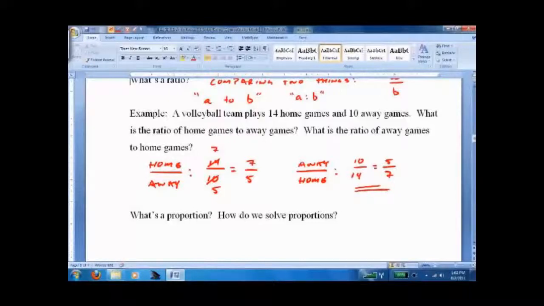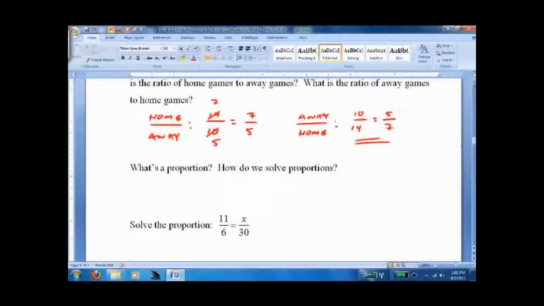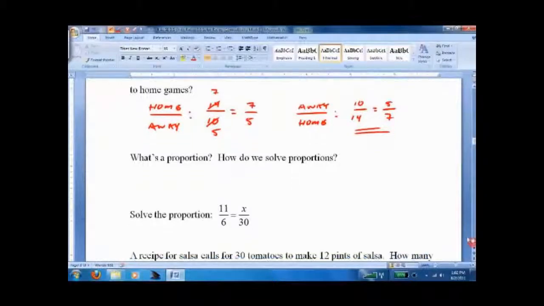So ratios and proportions are basically another type of fraction. They're a little bit easier to handle than fractions, but you have to know what you're doing. So a proportion, those are just ratios, is two ratios. Generally, they're equivalent.